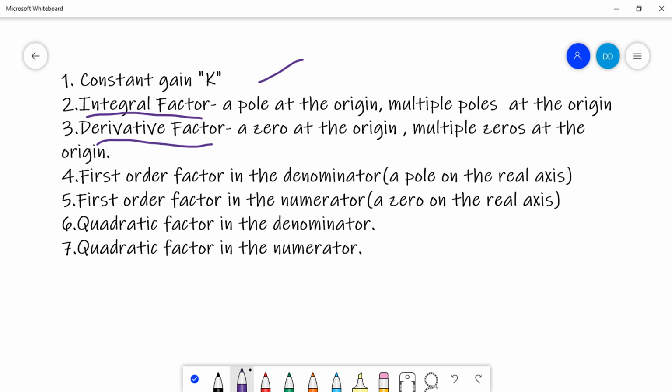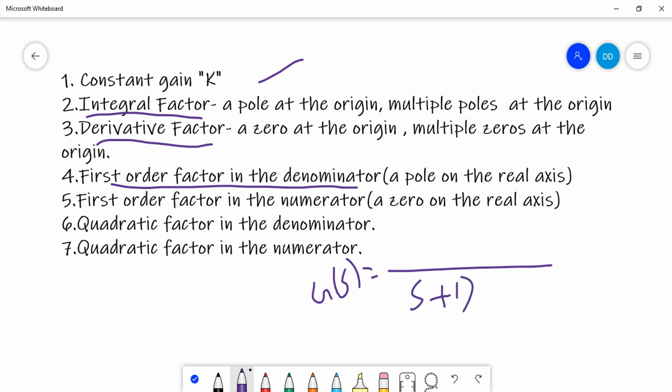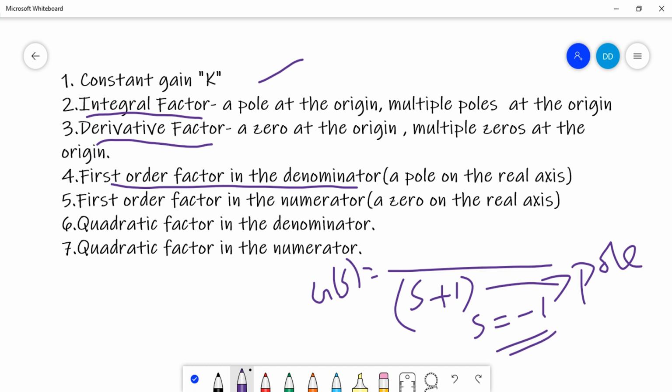Next is the first order factor in the denominator. In the sense, in the denominator, if this is the transfer function, we have s plus 1. Okay, so now s is equal to minus 1. So it is a pole on the real axis, on the negative side.